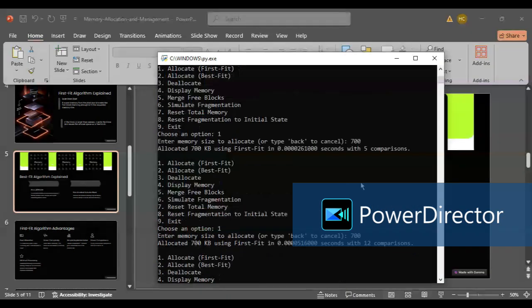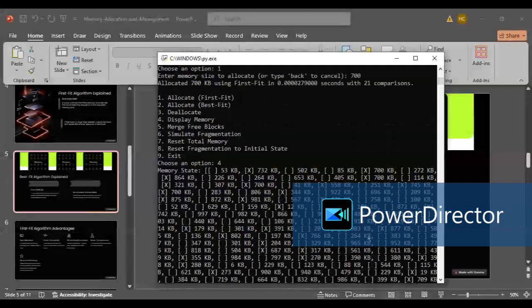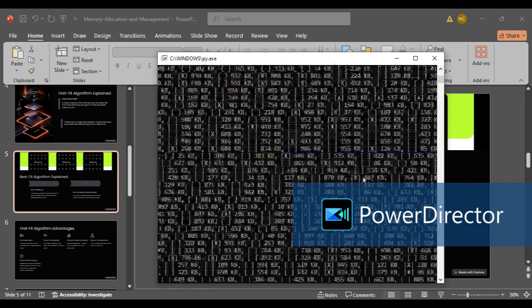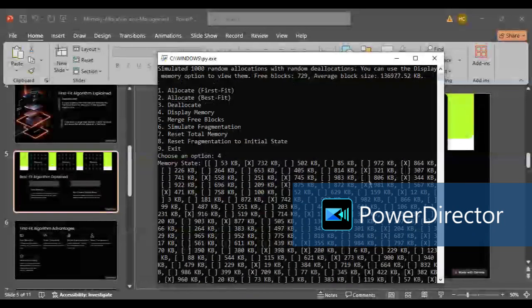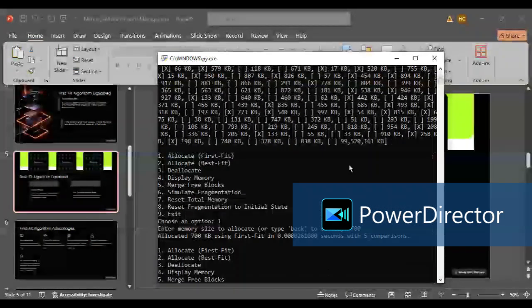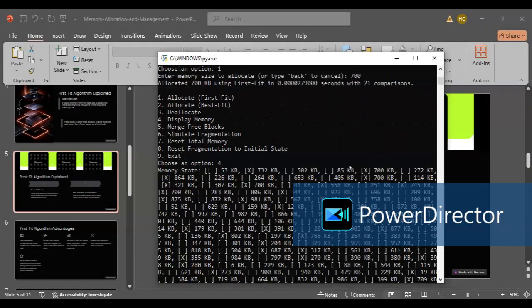And then the next one, we have 12 comparisons. So we started with this. Nope, this wasn't suitable. This, up to the 12th one. So this is the 12th one. Before, in our memory, the 12th one was 814, which was free and could accommodate the 700 kilobytes of memory requested.